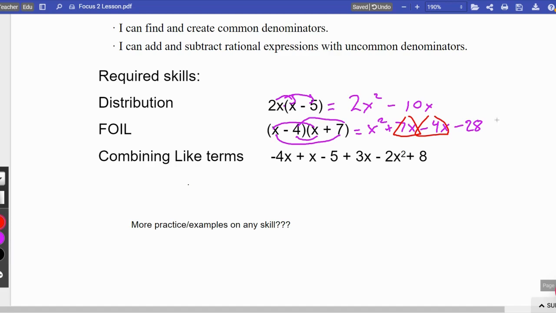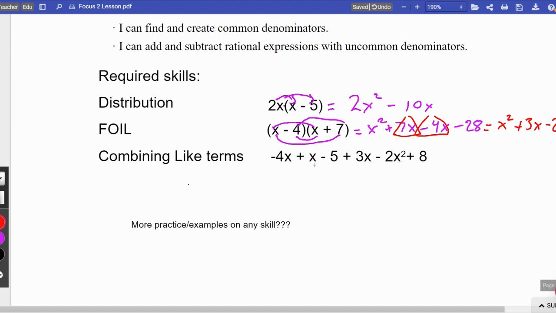They're like terms. So this turns into x squared is the same. We combine the 7x and the negative 4x, so that's plus 3x, and then minus 28. So that's what we call foiling, but it's just distribution and then combining like terms. This should be a little familiar.